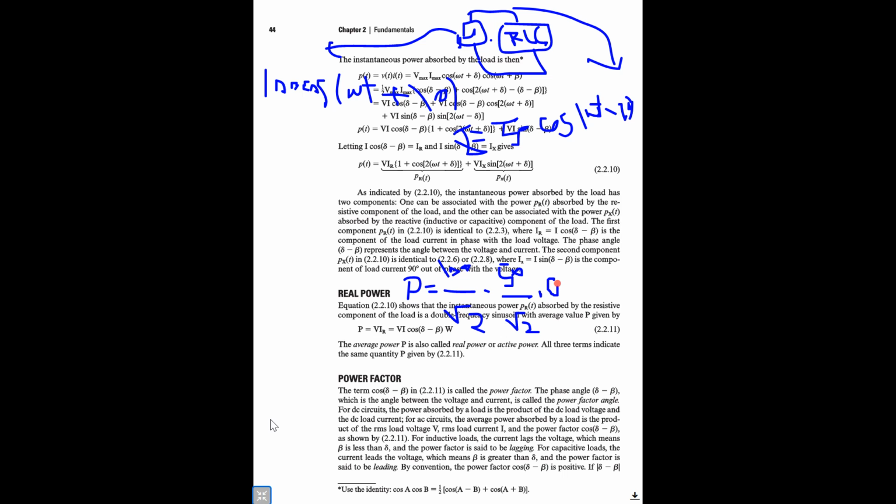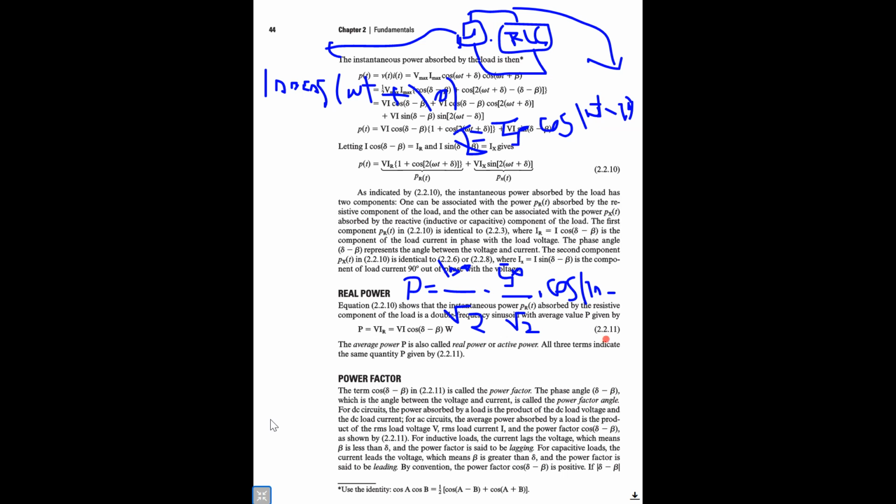Let's see here. Delta is 10. Minus beta, here is minus 10. The general form is omega t plus beta. Beta is minus 10.